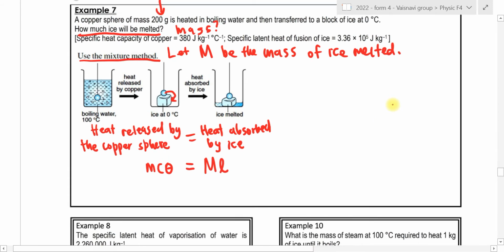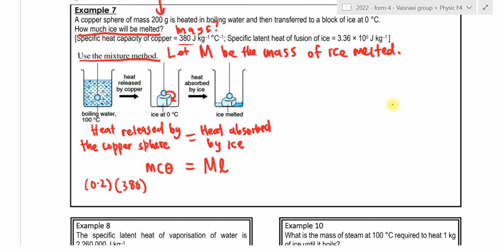So this is the formula lah. We need to pandai pakai dalam situasi berbeza, macam mana kita create the formula. We already have the formula doesn't mean we can solve all the questions. This question is slightly different. So it was 200 grams, so 0.2 kg. And the specific heat capacity of the copper sphere is 380, given in the question. From 100, it achieved thermal equilibrium at 0 here.